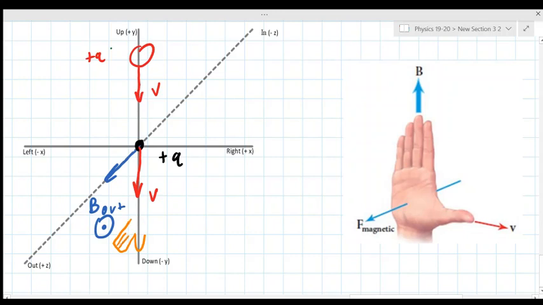So when I do my right hand in that orientation, my palm faces left. If your palm is facing to the right, you're using your left hand. Switch to the right hand. So the force is to the left on this moving charge.